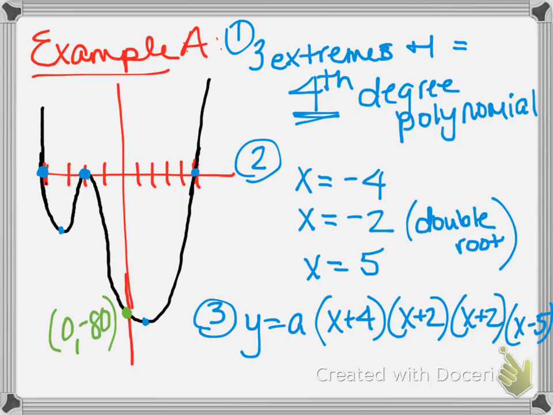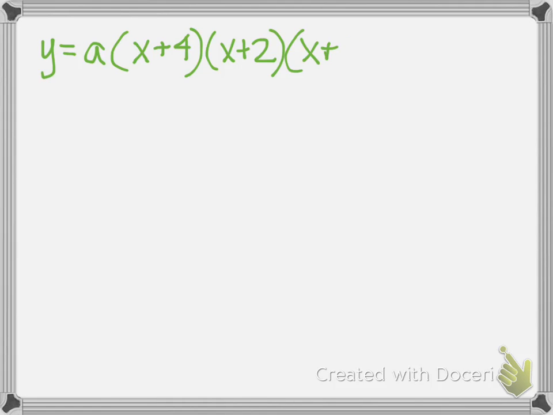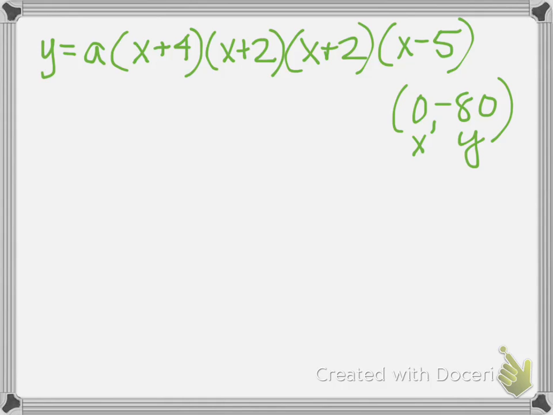So we're going to take that other point on our graph and complete step 4, which tells us to plug in x and y. I'm going to rewrite this equation. So I have y equals a times x plus 4 times x plus 2 times x plus 2 times x minus 5. And the other point that I'm using is (0, -80), so this is my x and my y.